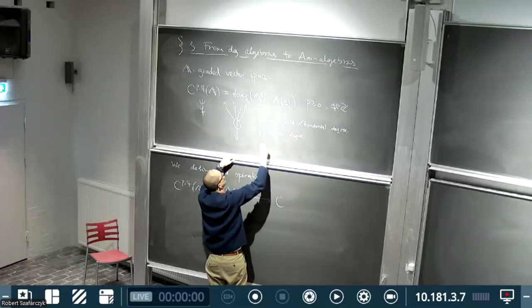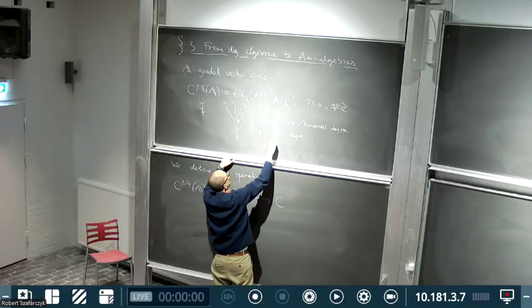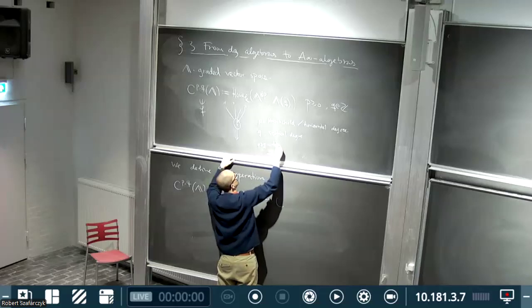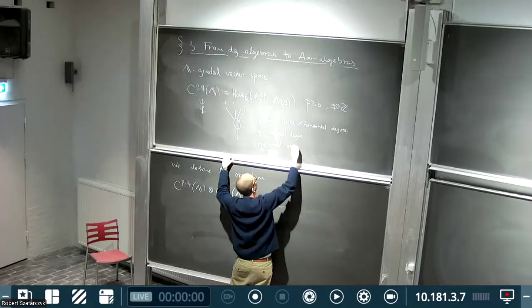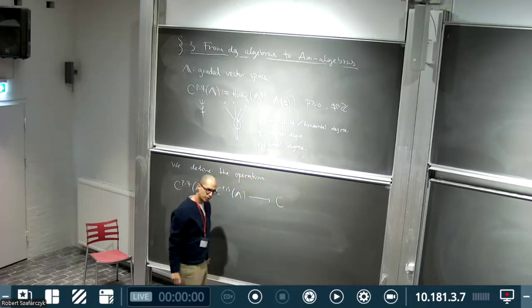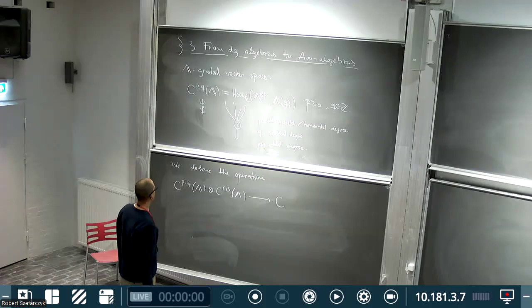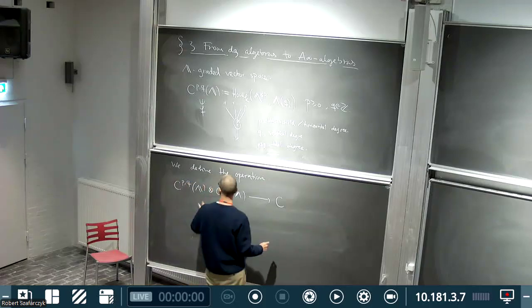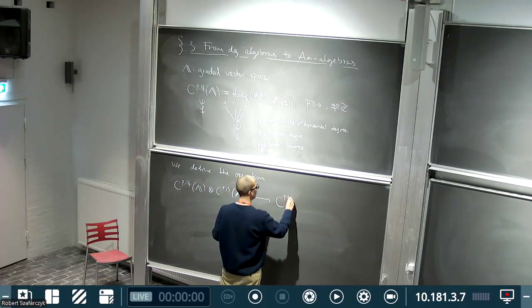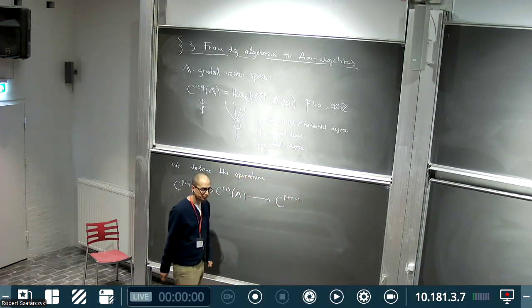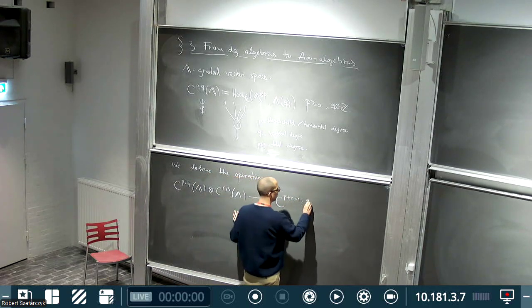And p plus q is the total degree of this Hodge chain. So in the first, horizontal degree, we are going to lose one input, and the second bidegree stays, okay?